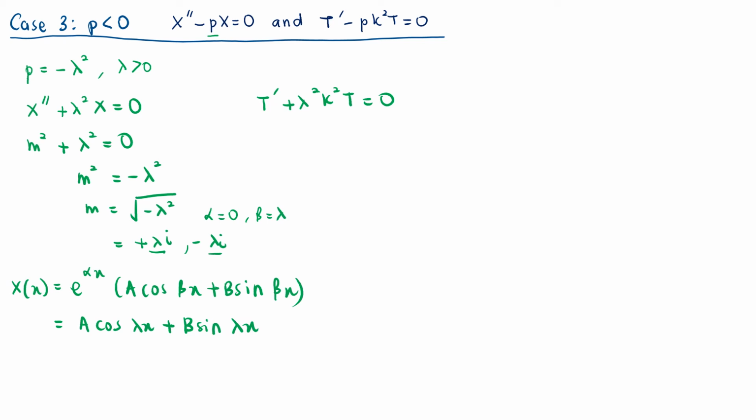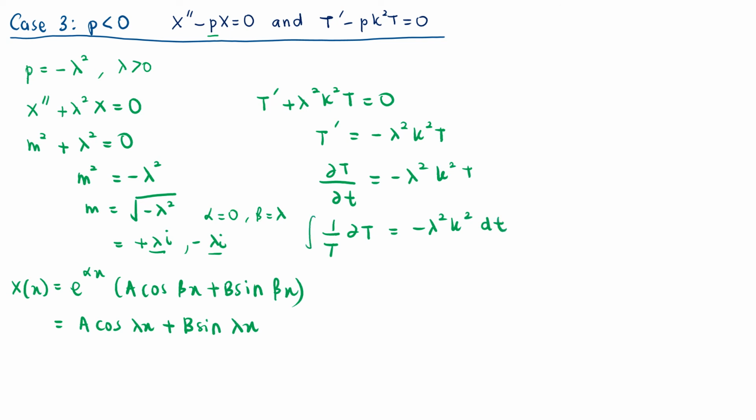Okay, the next one is solving the t equation, where t prime is equal to negative lambda squared k squared t. So if we expand this, it is actually dt over dt equals negative lambda squared k squared t. And if we multiply both sides by dt, and we bring t to the left hand side, we get 1 over t dt equals negative lambda squared k squared dt.